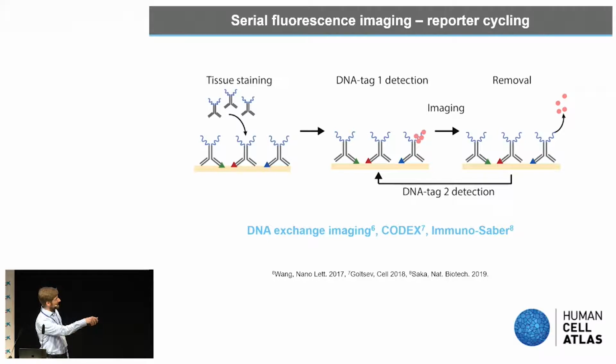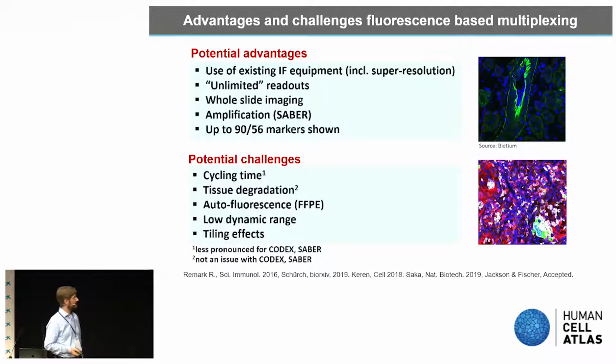Because you have unique DNA barcodes on a given antibody, you come in, report for one antibody, then remove the reporter, and you come in with a different one to a different DNA sequence, and so on and so forth. The advantage here is that you overcome the bottleneck of antibody binding. It's much faster, and because it's much faster, you have much smaller issues with antibody degradation.